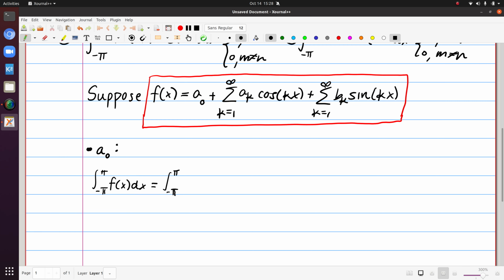So the integral from minus pi to pi of a sub 0 plus the integral from minus pi to pi of the sum from 1 to infinity a sub k cosine kx plus the integral from minus pi to pi of that last sum.